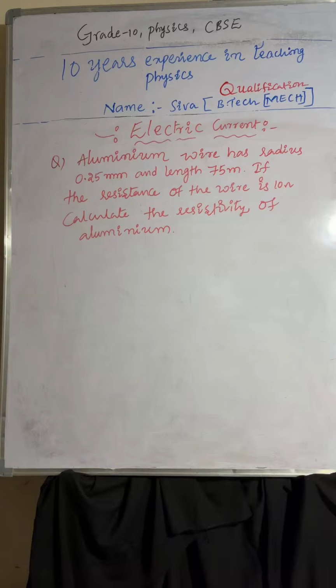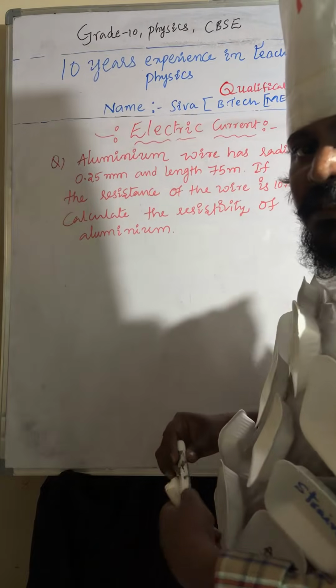In this question, check whether all units are in one system or not. That is the first thing. After that, you have to write the formula and substitute in that.